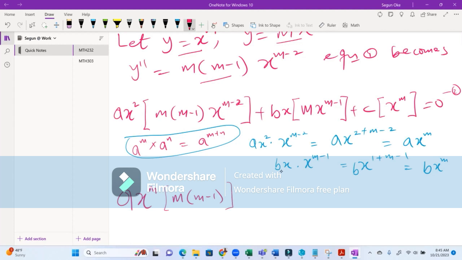Do you agree? Plus b x raised to power m, and this one will be m in brackets. Let's just put it that way. And this will be plus c into x raised to power m equals 0.